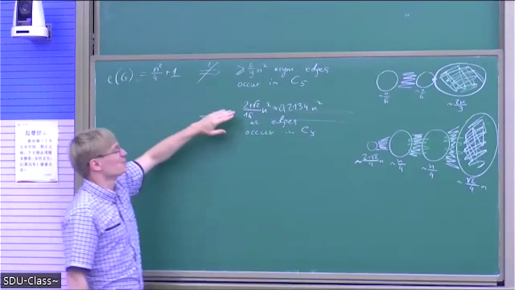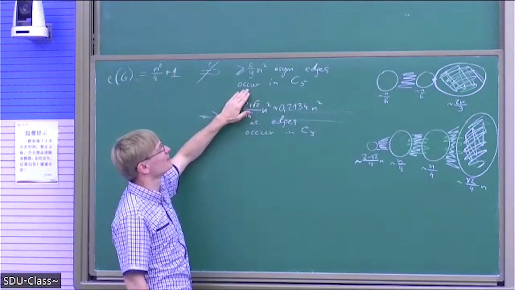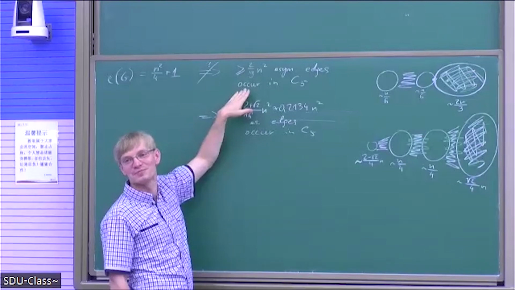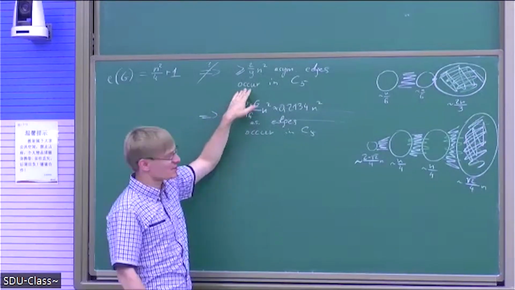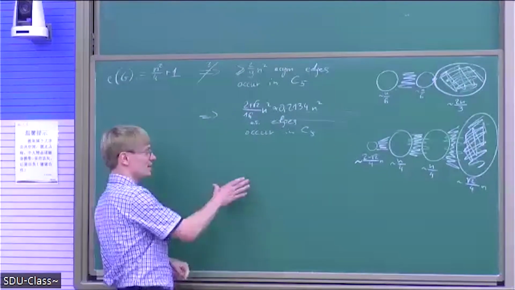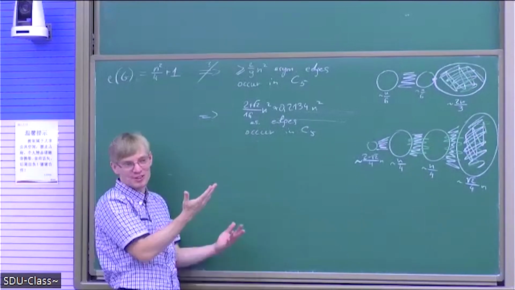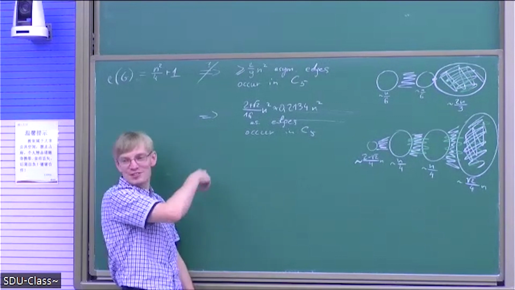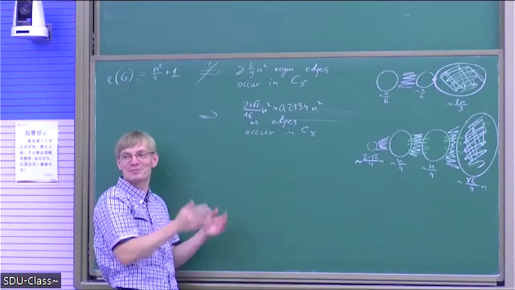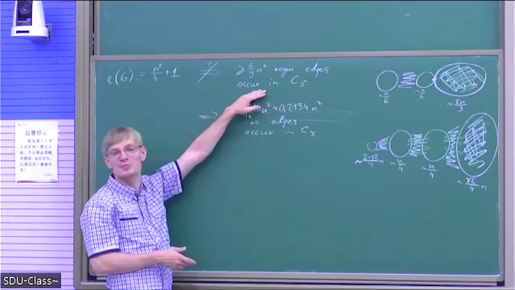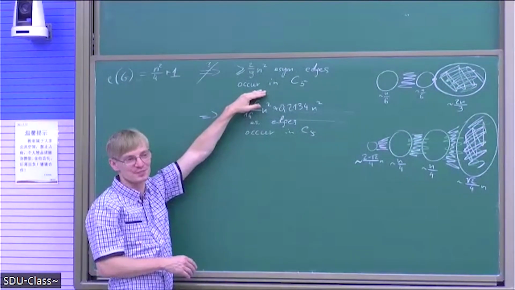And the second thing is even worse: how to say that this number of edges occur in a 5 cycle? It may happen that an edge is in just one 5 cycle, so it occurs in a 5 cycle, but the density of such 5 cycles is 0, right? It's just a single one. So this is not expressible in terms of graph densities.